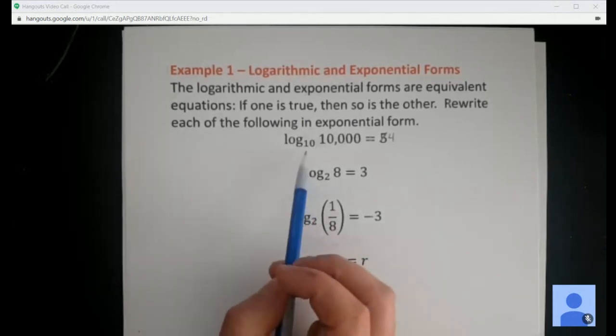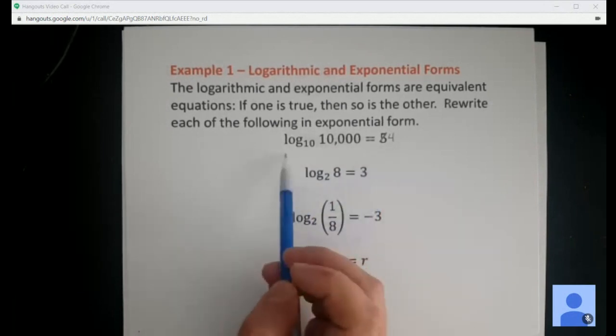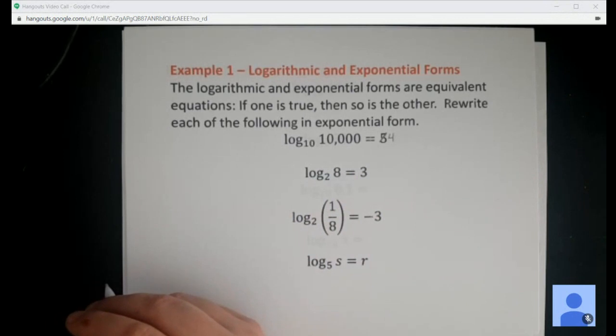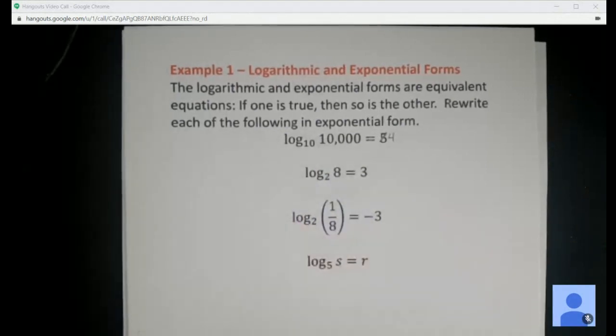So if we take a look at this first one, we have base 10 log of 10,000 is equal to 4. So this right here is a true statement. We want to rewrite it in its exponential form instead. So what would the exponential equation look like that would be equivalent to this equation here?